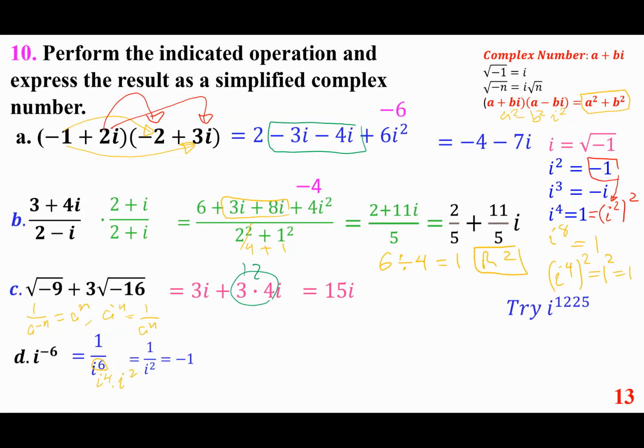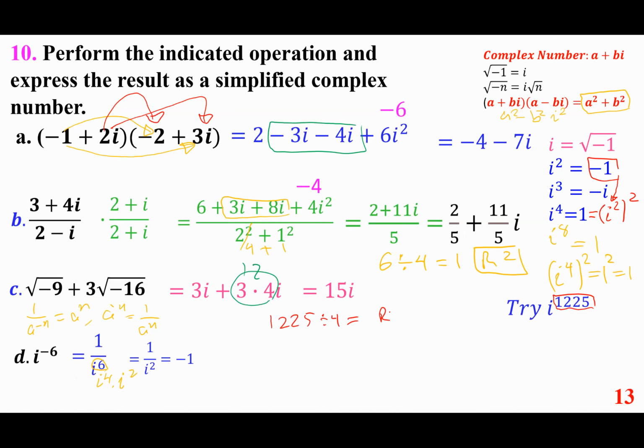Here's another example. If I want to do this, I'm going to divide the exponent by 4. And all I'm worried about is the remainder.